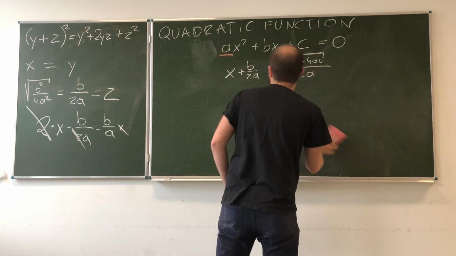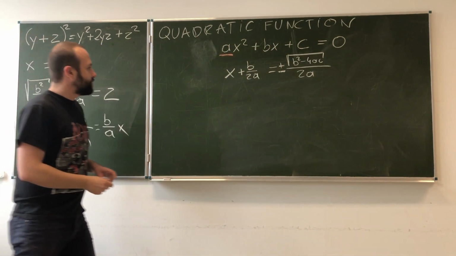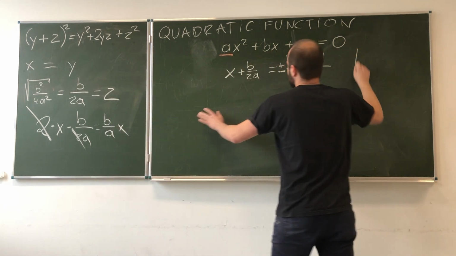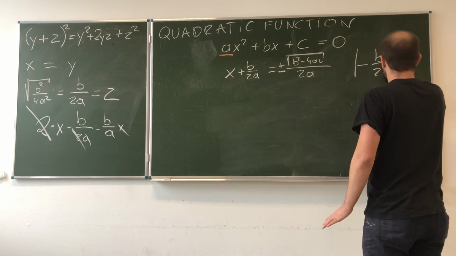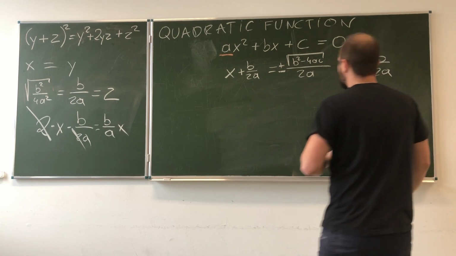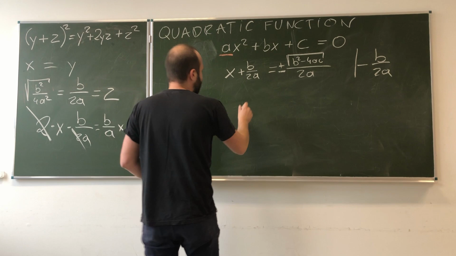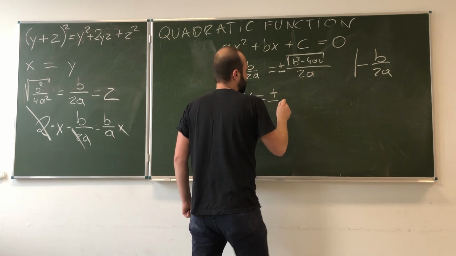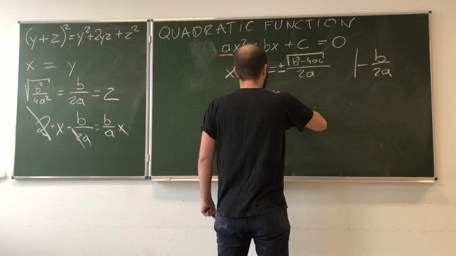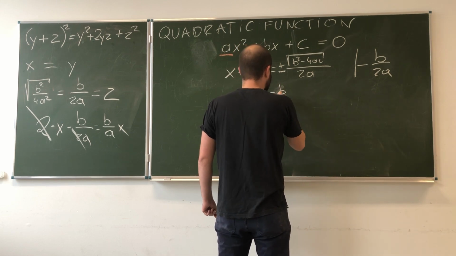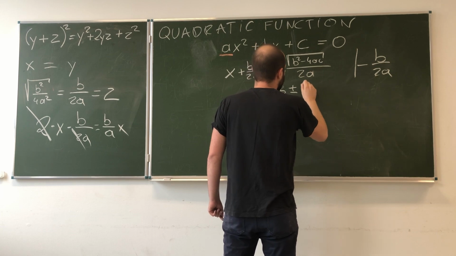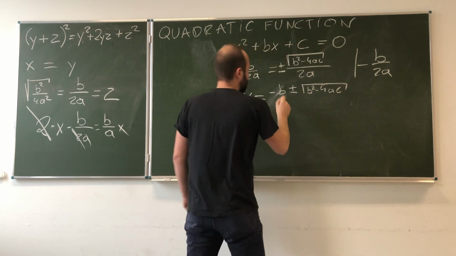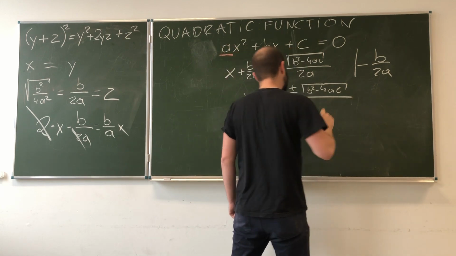And look, at this moment, we are ready to obtain the solution. In order to get it, all we gotta do now is to subtract b over 2a from both sides of the equation, and we get that x is equal to negative b plus minus square root of b squared minus 4ac over 2a.